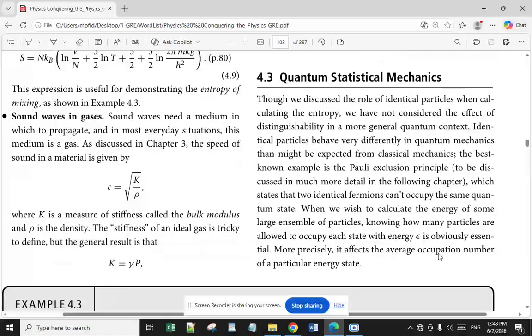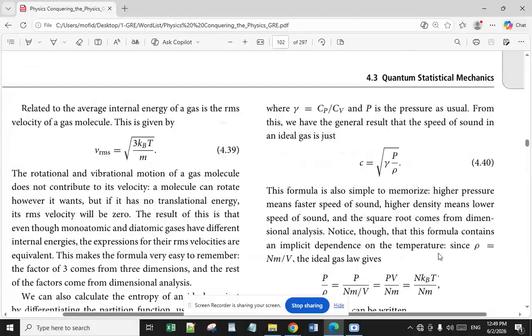The stiffness of an ideal gas is tricky to define, but the general result is K, or stiffness, is equal to gamma P, where gamma is equal to C_P divided by C_V and P is the pressure as usual. From this, we have the general result that the speed of sound in an ideal gas is just c equal to the square root of gamma pressure divided by density, or rho.